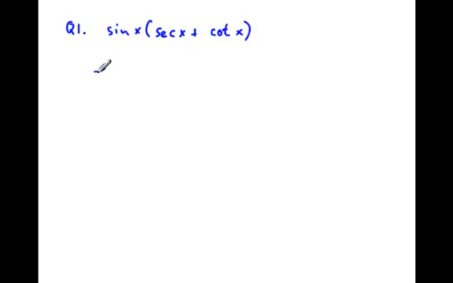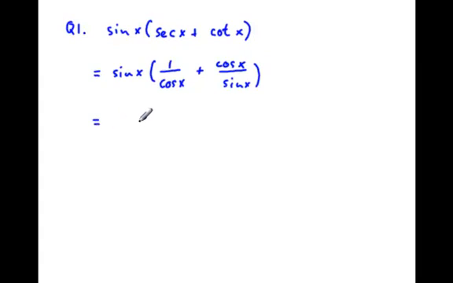That's going to be sine x times, and now I'm going to use the reciprocal identities, so cosine x plus this one here is cosine x over sine x.